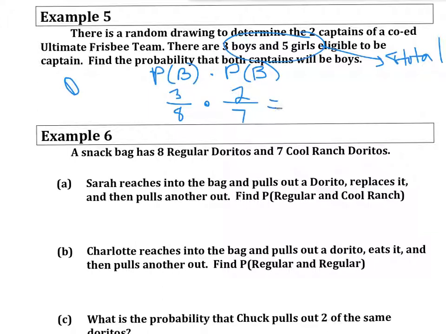So when I multiply these together, I'll end up with 6 out of 56 as my chance, which when I change that to a percent, I get about a 1.1% chance of getting 2 boys in a row.